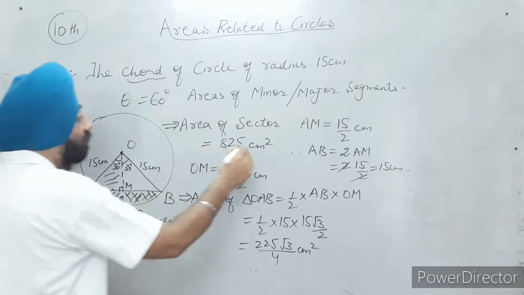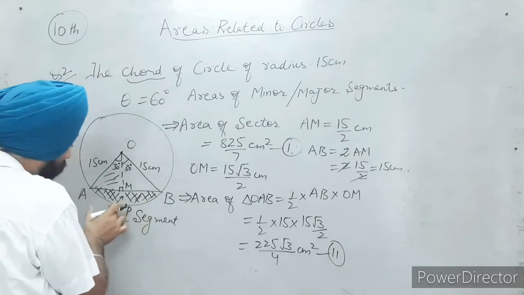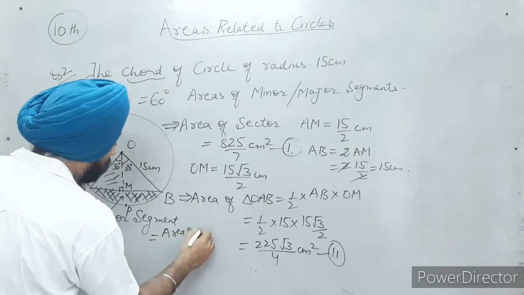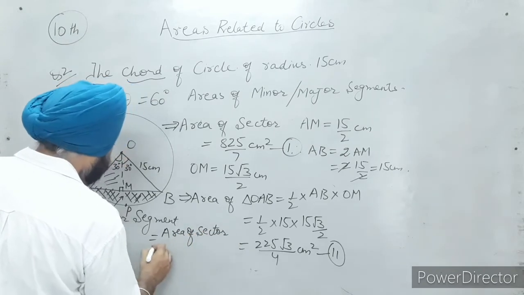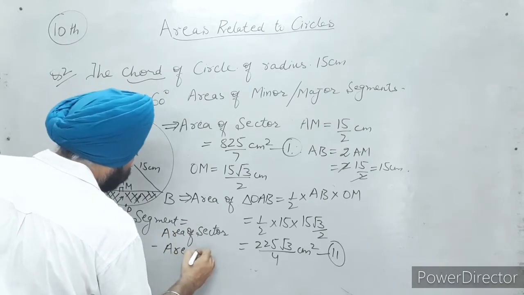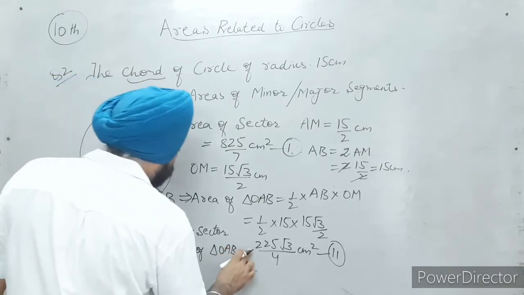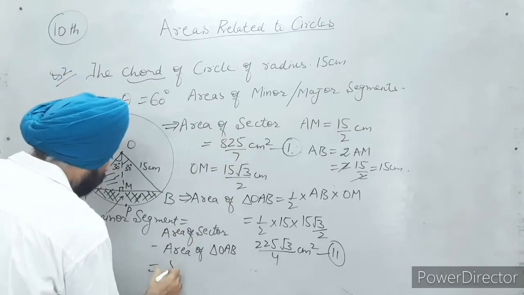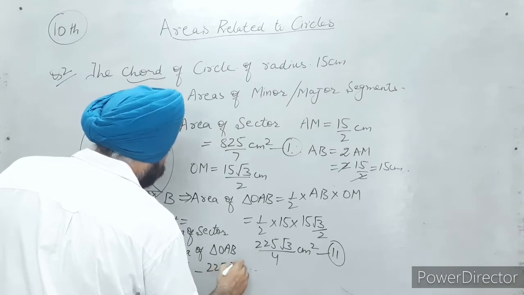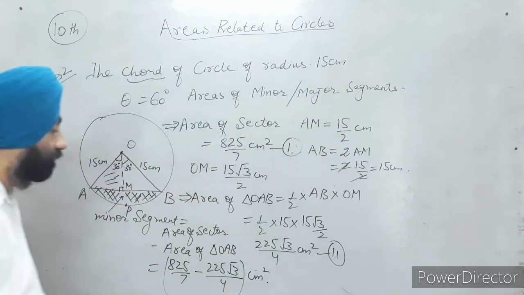How will it come? This is your first, this is your second area. Area of the minor segment is equal to area of sector minus area of triangle OAB. This is equal to 825 by 7 minus 225 root 3 by 4 centimeters square.